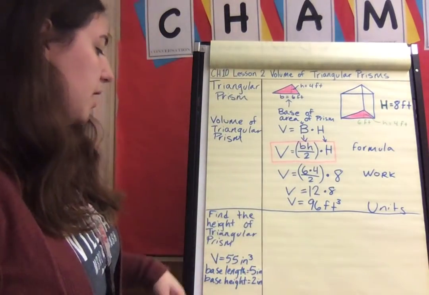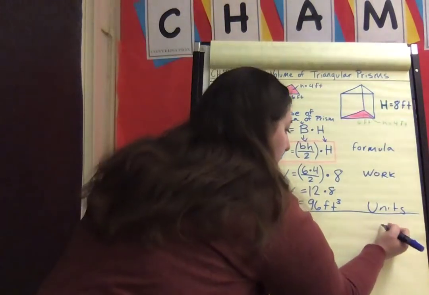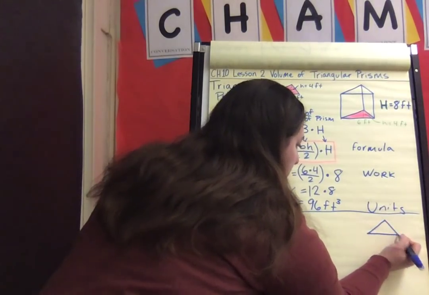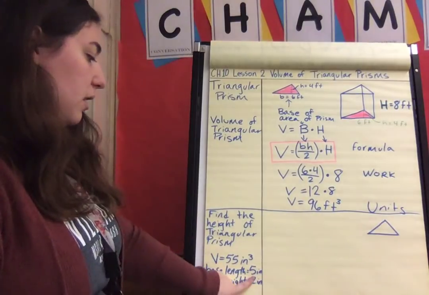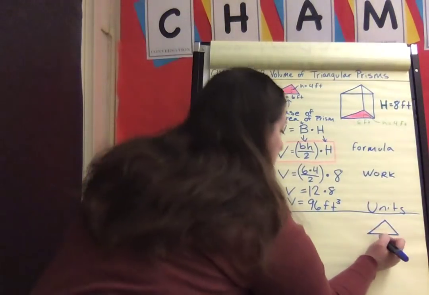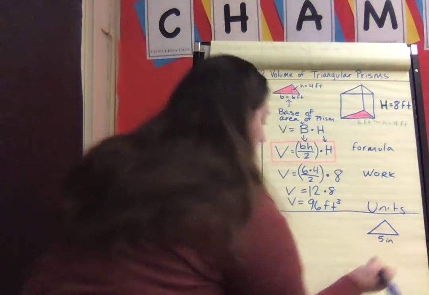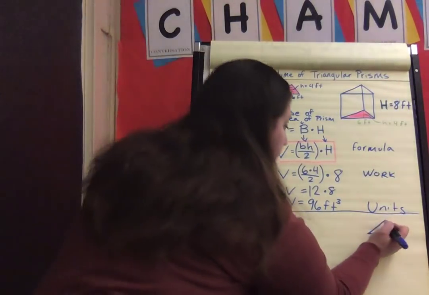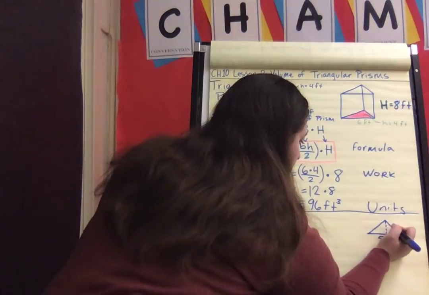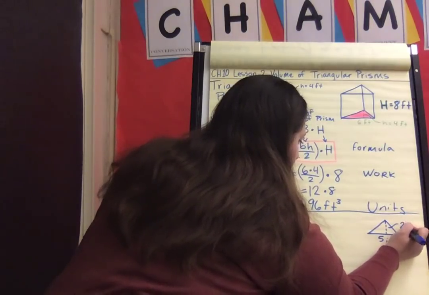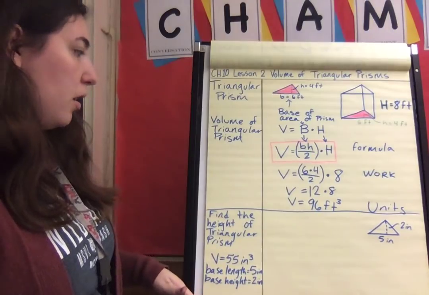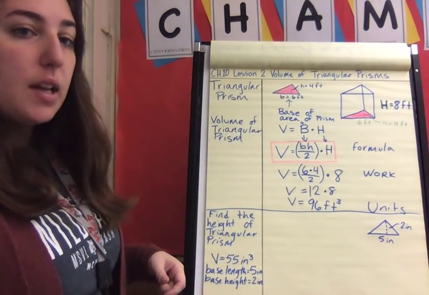Okay, let's sketch this out real quick. So we have a triangular prism. First I'm going to draw just the base. Okay, so I know that the base length is 5 inches. And I know that the base height is 2 inches. Okay, so there's my base. Now I'm going to draw my triangular prism, just like I did up here.